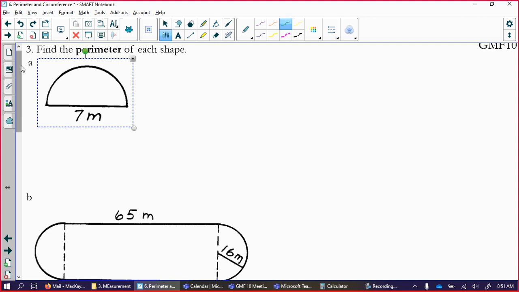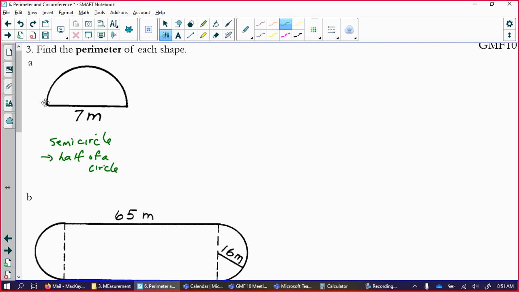But what we have here is a semicircle, which is essentially half a circle. It's not essentially, it is half of a circle.